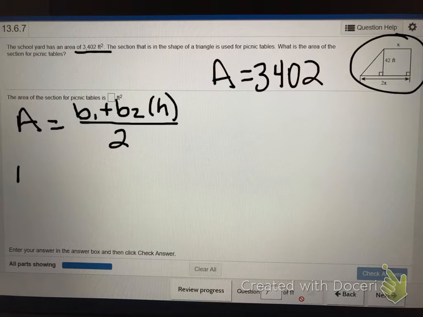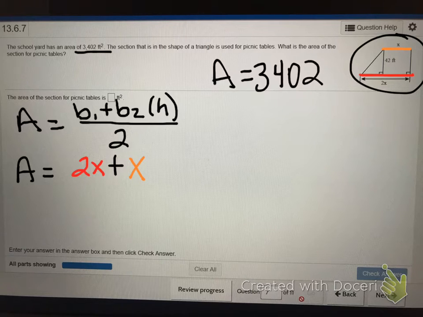So let's see if we can fill in this area formula for this shape. We've got area equals base 1. If I call this line down here base 1, they said that was equal to 2x. So I'm going to put in 2x here. Then we're going to add base 2. Base 2 is this line here in orange, and in the picture we see that base 2 is equivalent to x.